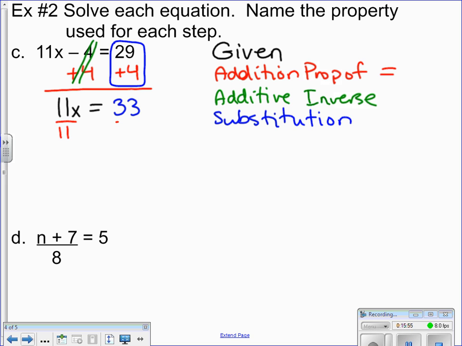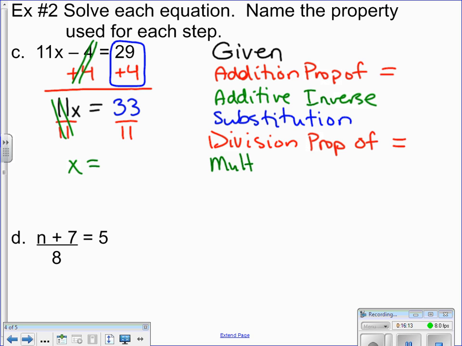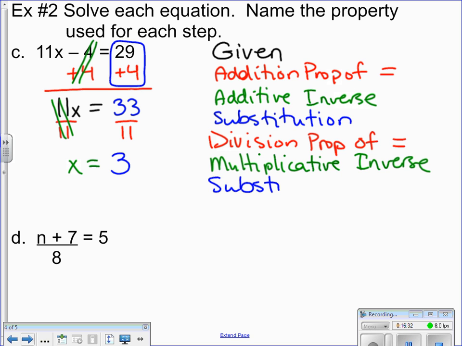We divide by it. Division property of equality. Everybody likes to cross out their 11's. Crossing them out is the multiplicative inverse. Very good. And 33 divided by 11 is 3. Substitution.